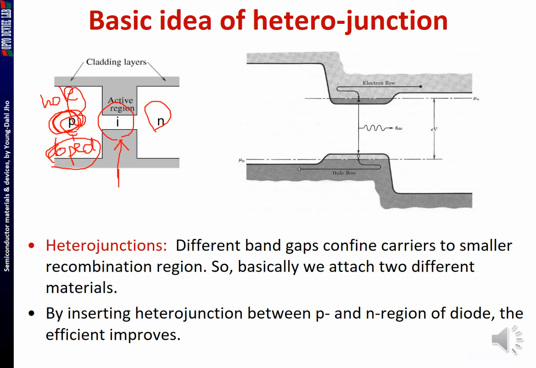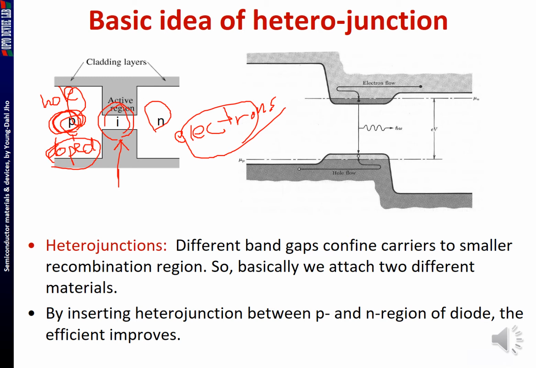You'll go through the detailed processes later on. And in n-type material, you intentionally add electrons. In between, you didn't dope any holes or electrons, so we call it intrinsic material.